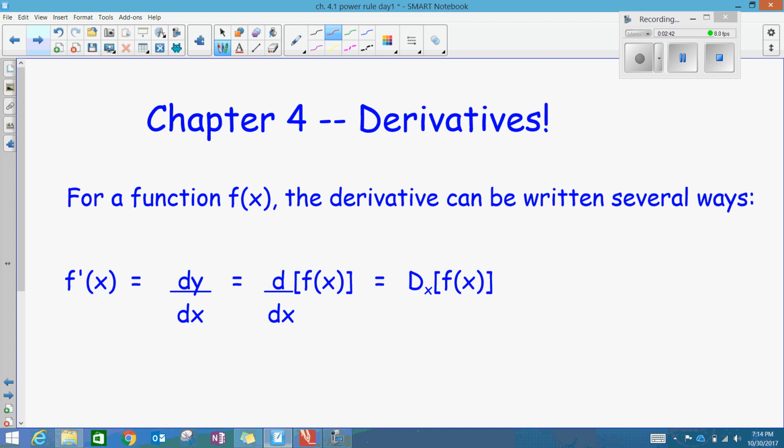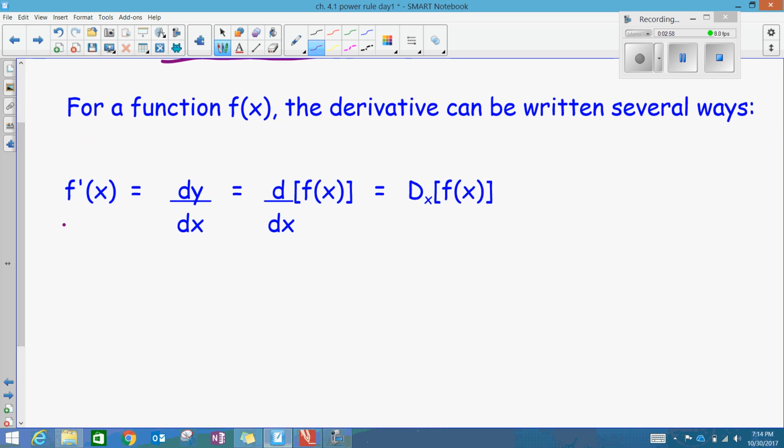Today we're looking at derivatives, and we're learning shortcuts, or actually rules, for taking derivatives that allow you to take a derivative without applying the big definition that you had to use on your test. Right here is just a variety of ways you can write a derivative.